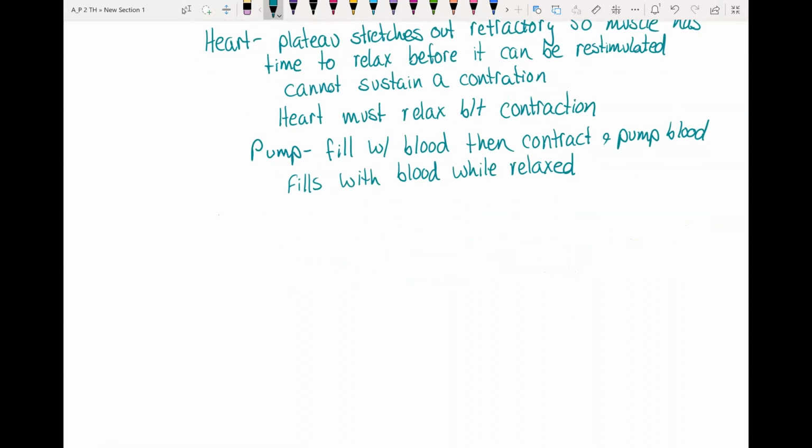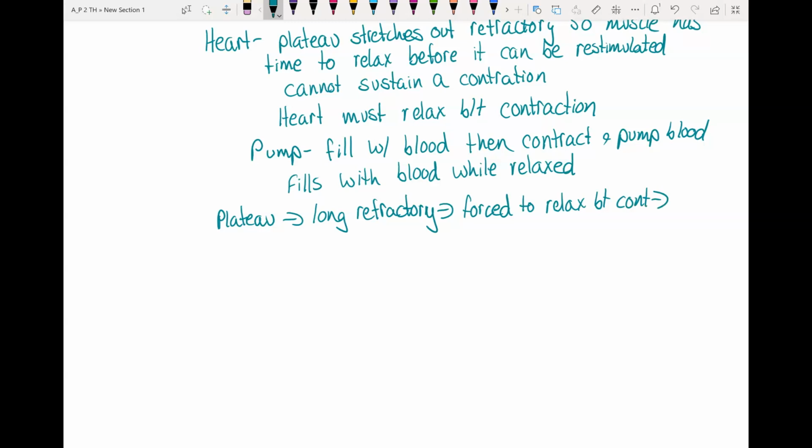So the plateau gives you a long refractory, which means that you are forced to relax between contractions, which means you have a chance to refill.